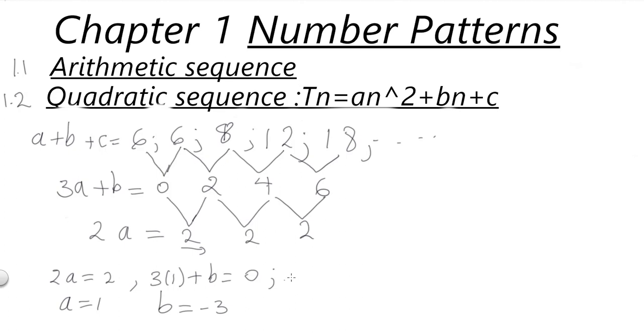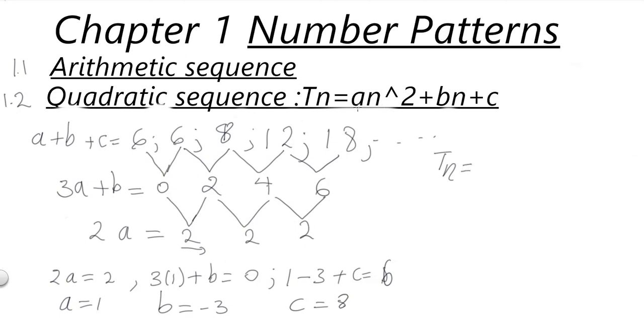Then we move to C. A is 1, B is minus 3, plus C equal to 6. So C will be equal to 8, because here will give you minus 2. When you transpose this side, you have 6. So the general term will be Tn equal to, A is 1.